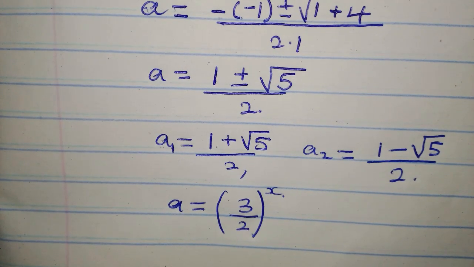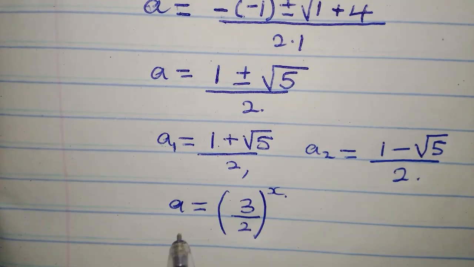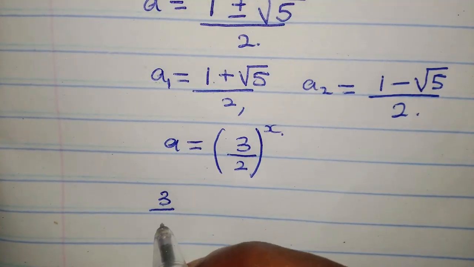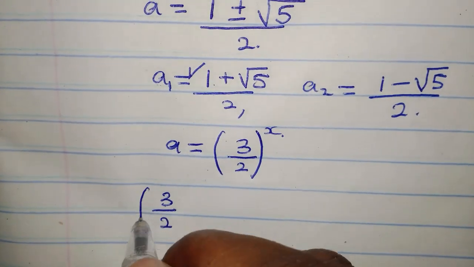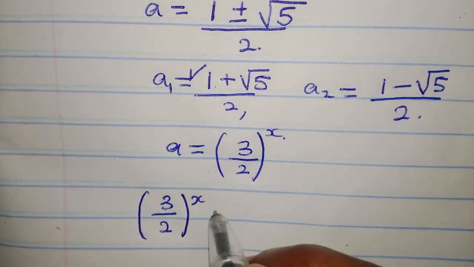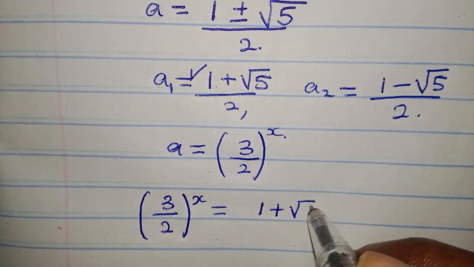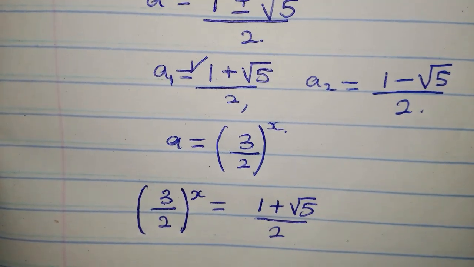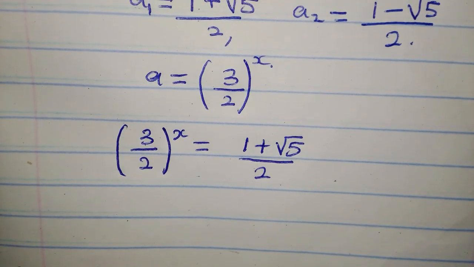So if we want to solve this, where a is equals to this, solving the first value for a, we can say 3 over 2 to the power of x is equals to 1 plus root of 5, okay, divided by 2. To get the value of x here now, what are we simply going to do?